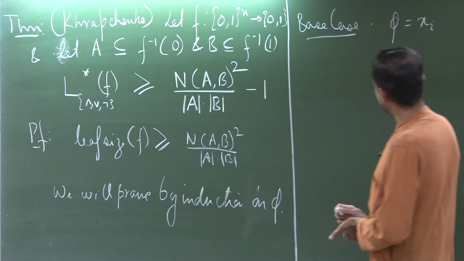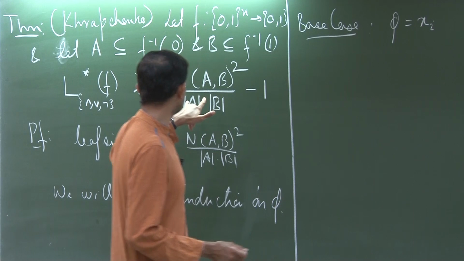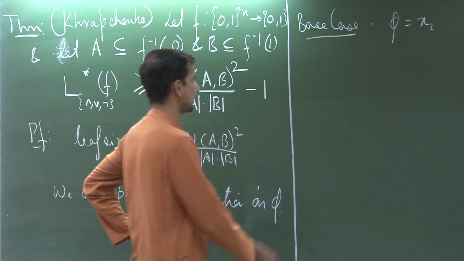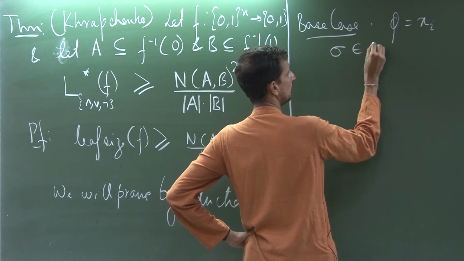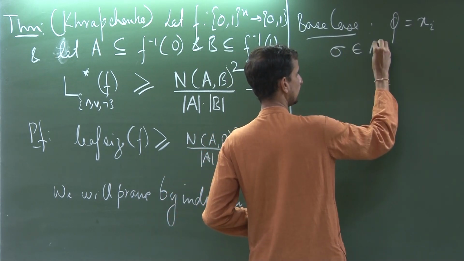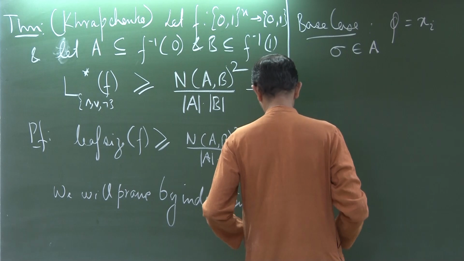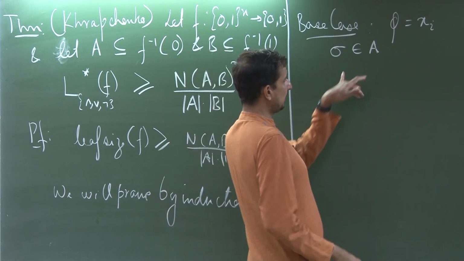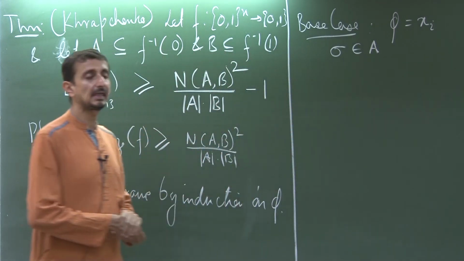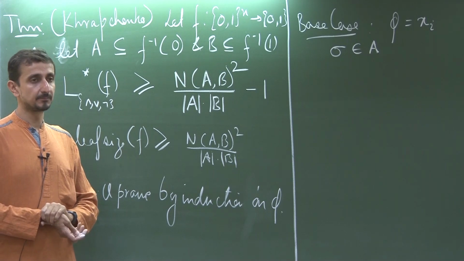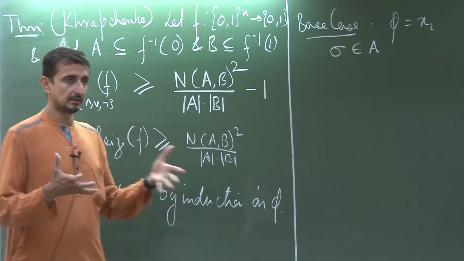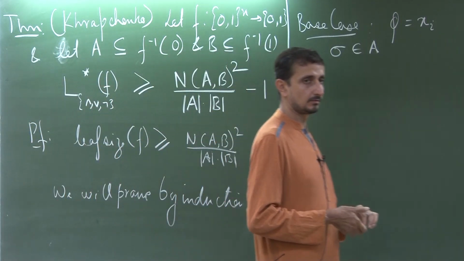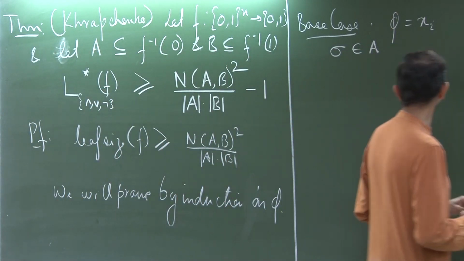What this means is that if I take any sigma belonging to A, then how large can n(A,B) be?